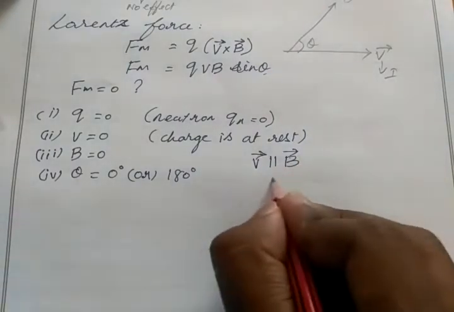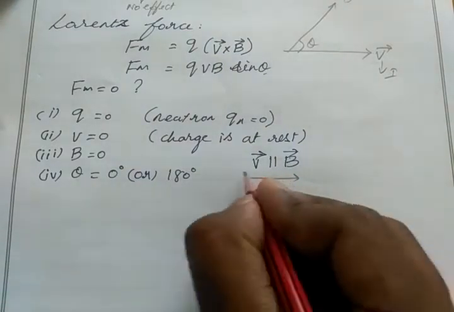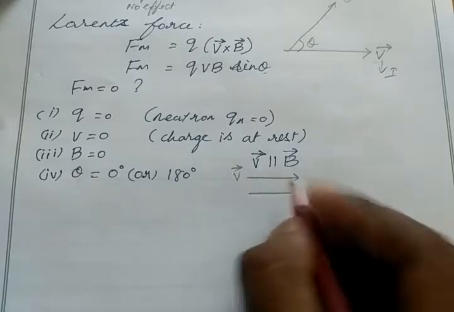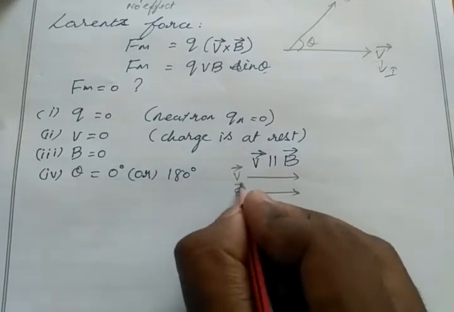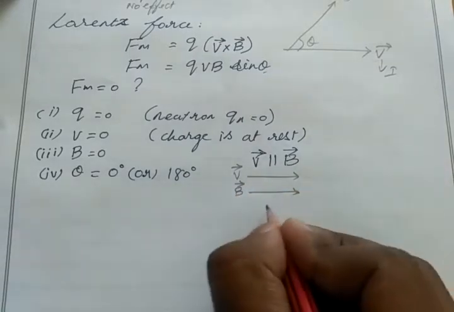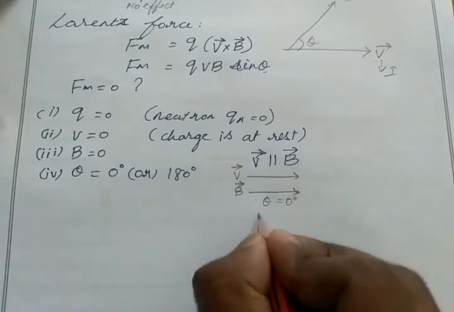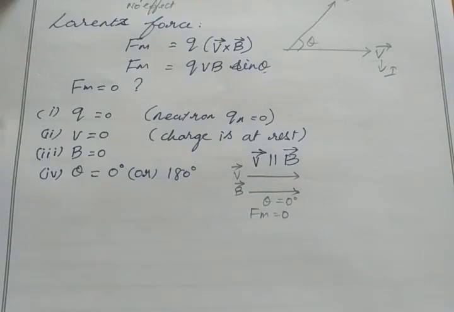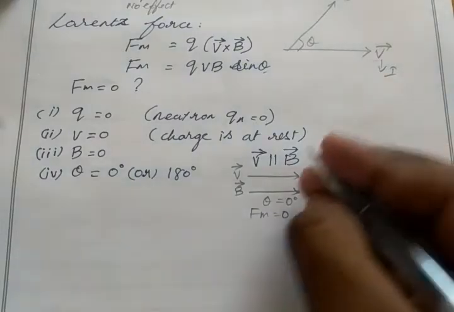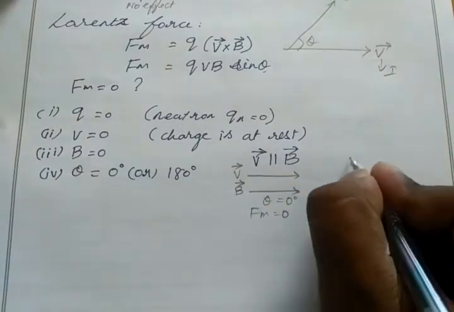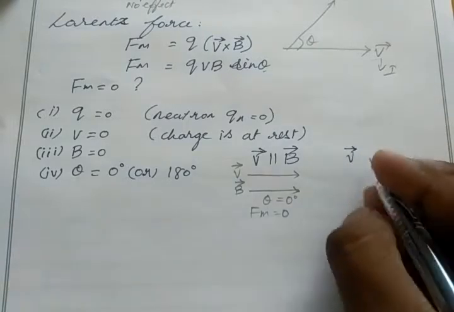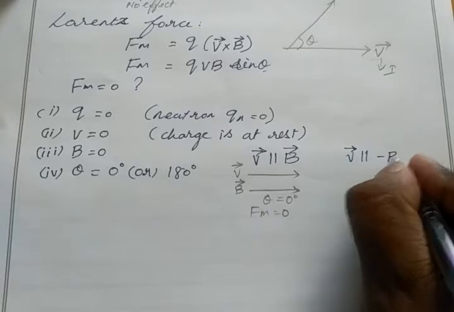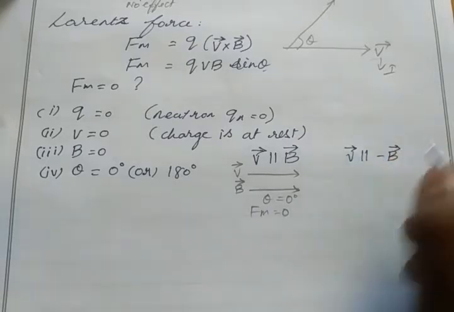In this case, this is my direction of velocity and this is my direction of magnetic field. So my theta will be equal to 0. So Fm will be equal to 0. Clear? So this is parallel. And here, if velocity of charge is anti-parallel, in order to denote that, I put a negative symbol here.